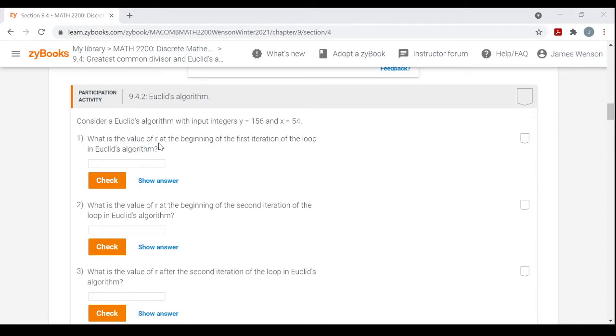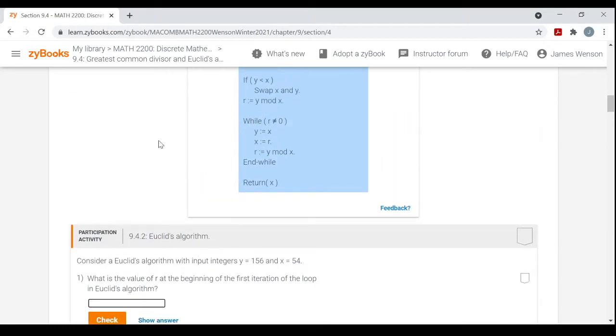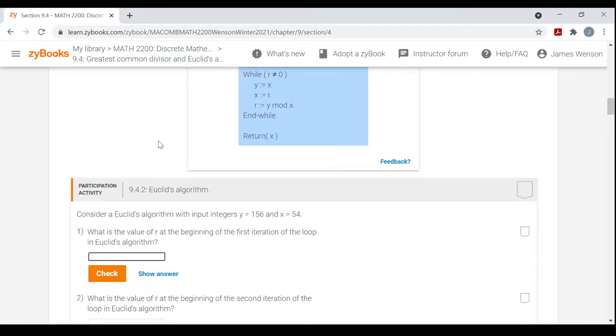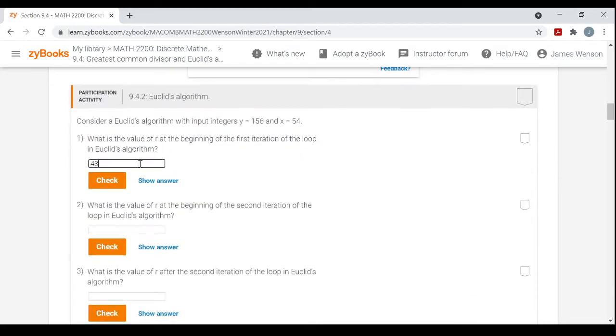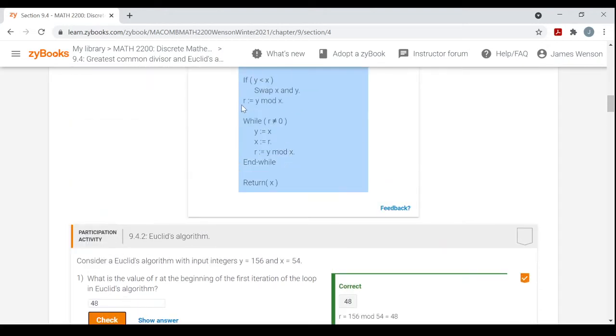So what is the value of r at the beginning of the first iteration of the loop, right? Remember, the first value of r is that 156 mod 54, which was 48. And then what is the value of r at the beginning of the second iteration? That was 6, right? Because again, r is 48 here.